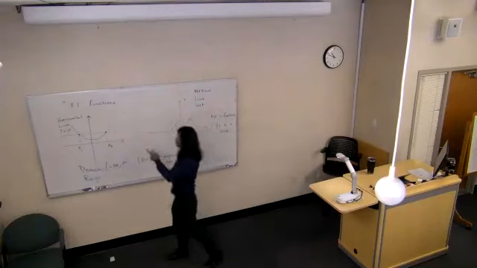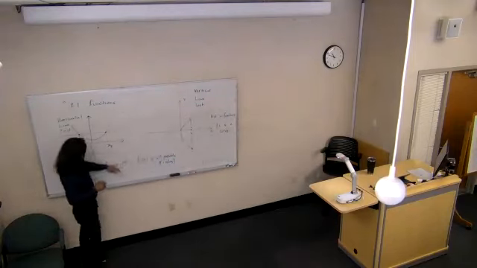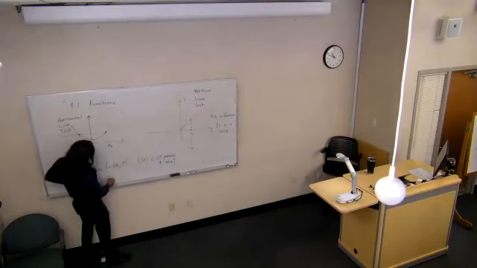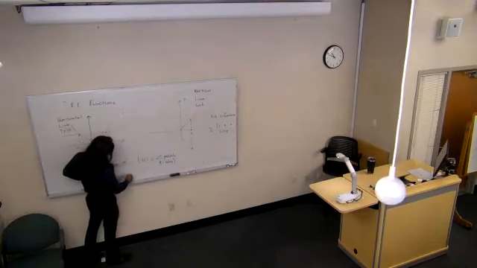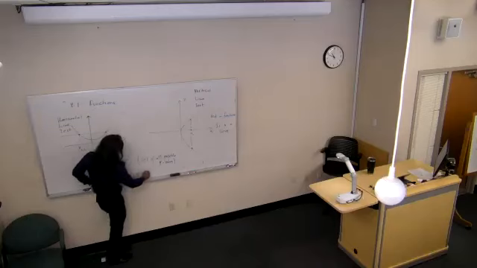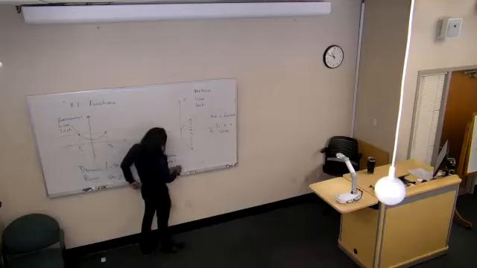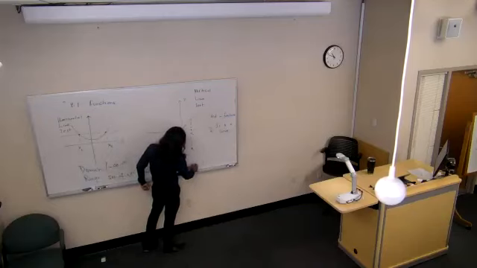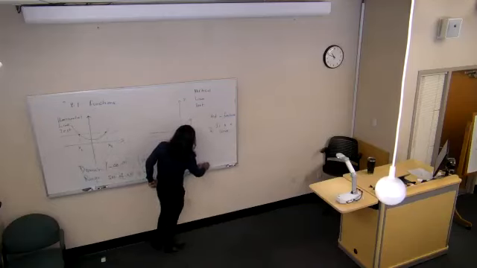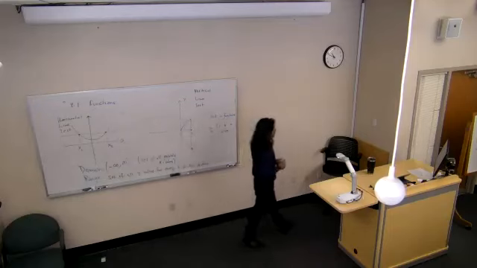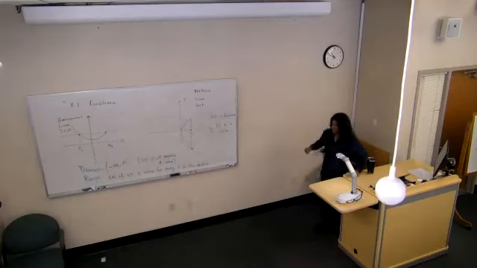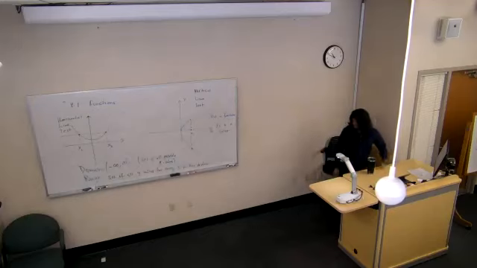Possible y values for every value of x in the domain. I'll do a couple of examples of finding domain and range, and then we can move on from it. If you have any questions, talk to me.